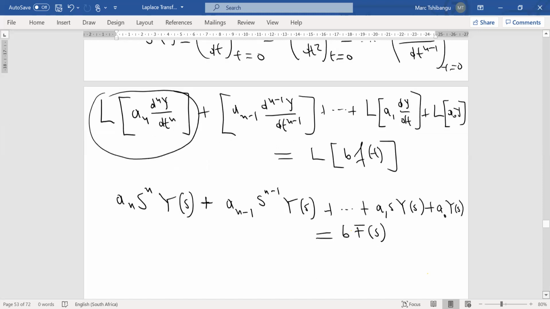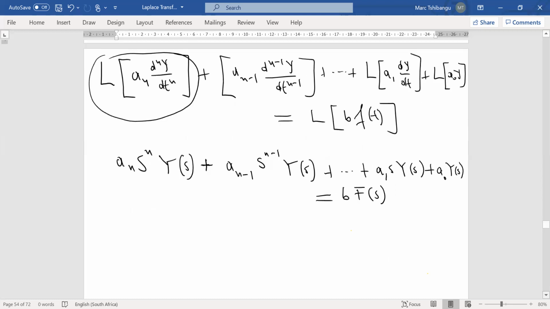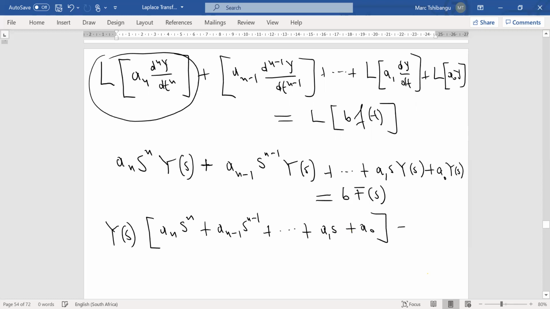Taking Y(s) out as a common factor, let's just go stepwise: a sub n s to the n plus a sub n minus 1 s to the n minus 1 plus a1 s plus a naught is equal to b times F(s).